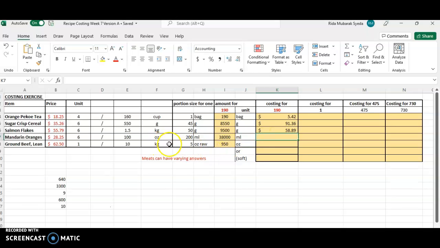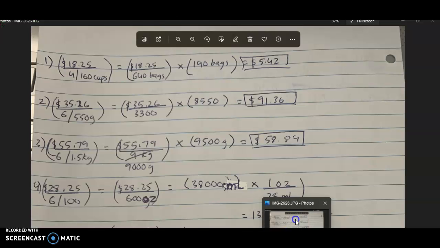Next one is also the same thing. We have two different measurements. Over here, I converted my ml, the amount, to ounces. We know that there are about 28.4 ml in 1 ounce. I forgot the 0.4 over here.